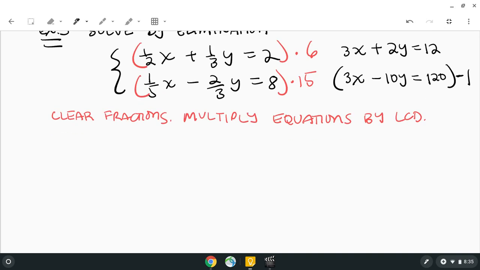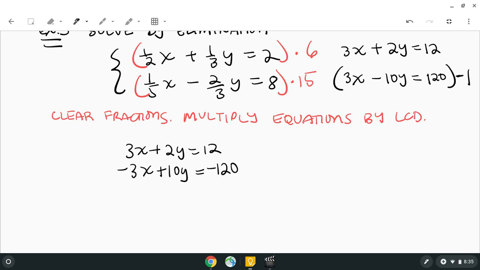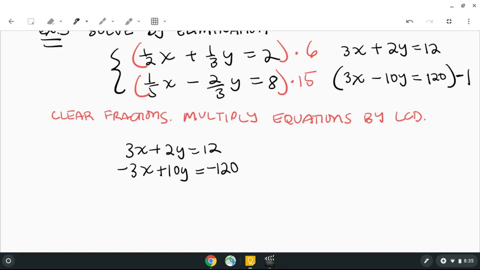All right, so that top equation is 3x plus 2y equals 12. And that bottom one is -3x plus 10y equals -120. And now I can use the elimination method.